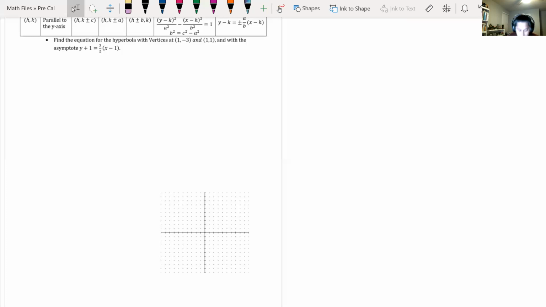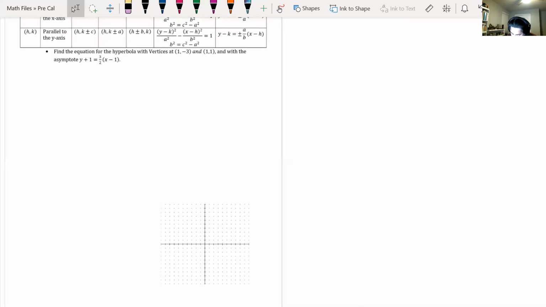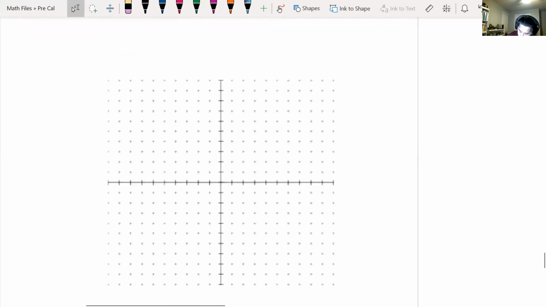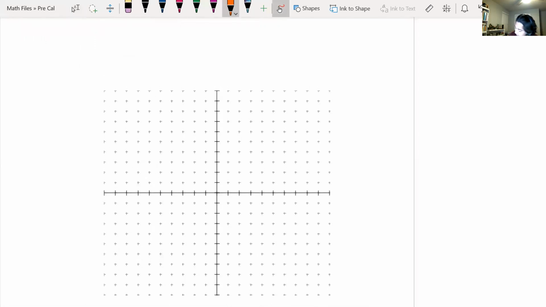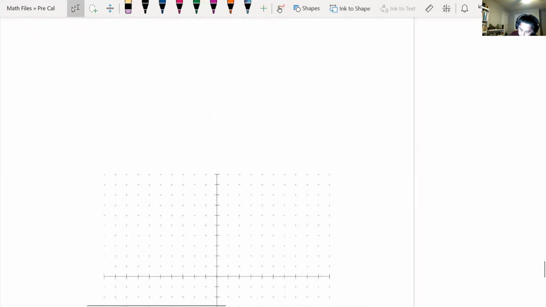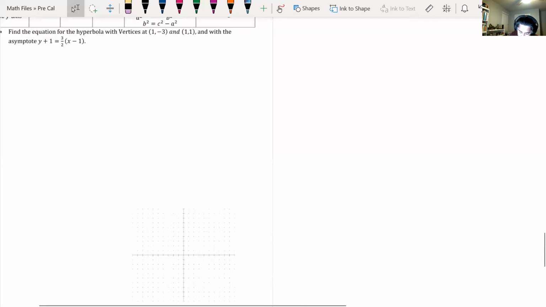Okay, let me jump in. I have a quick question. It says that the asymptote is 3/2, right? I got that it's parallel to the y-axis because of the vertices. Using the y+1 and the x-1 from the asymptote, I got that the center is 1, -1.